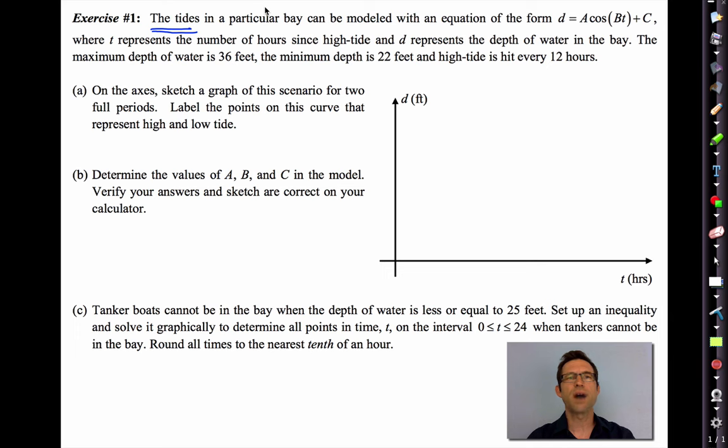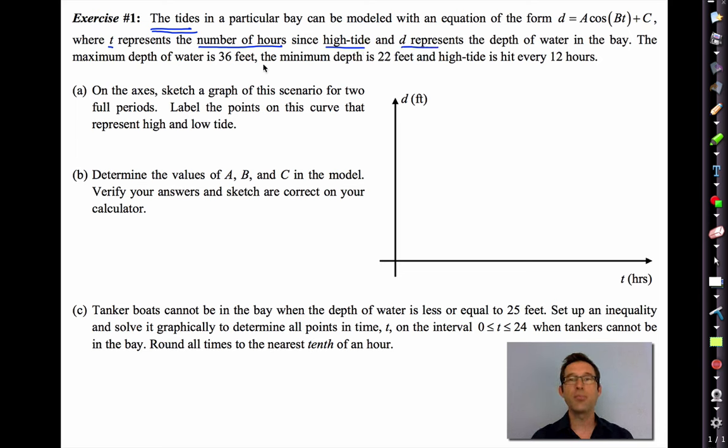In this one, it says the tides in a particular bay can be modeled with an equation of the form d equals a times cosine of b times t plus c, where t, the input, represents the number of hours since high tide, and d represents the depth of the water in the bay.